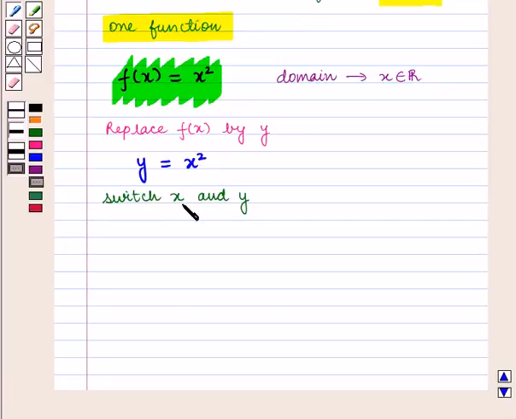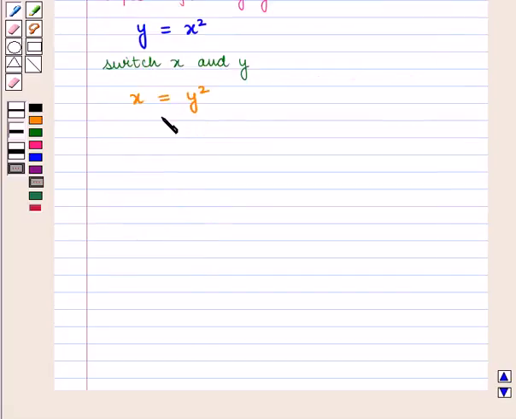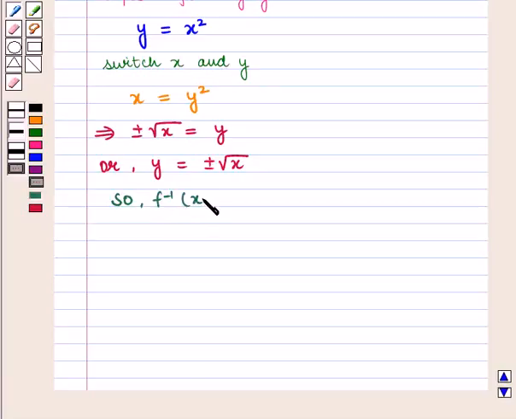Now we switch x and y, and we get x is equal to y square. Now solving this equation for y, we get plus minus square root of x is equal to y, or we can write it as y is equal to plus minus of square root of x. So, we write f inverse of x is equal to plus minus of square root of x.